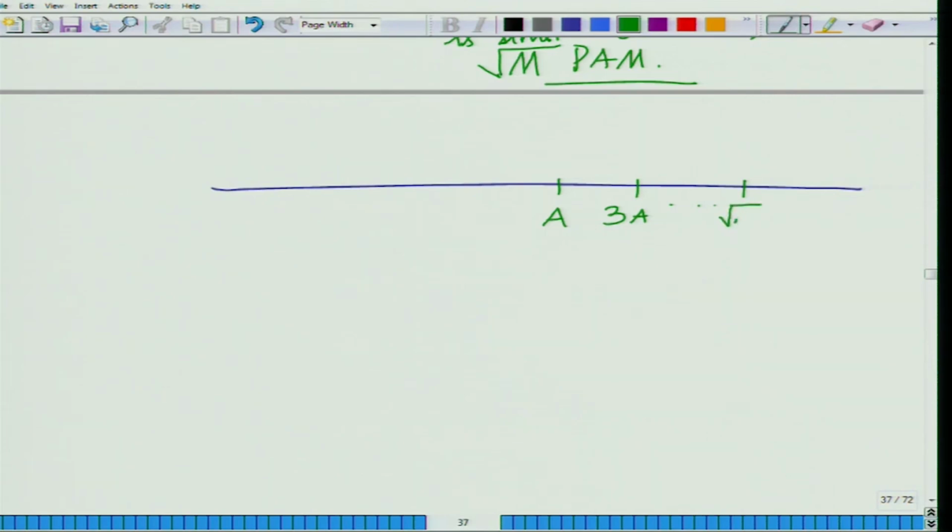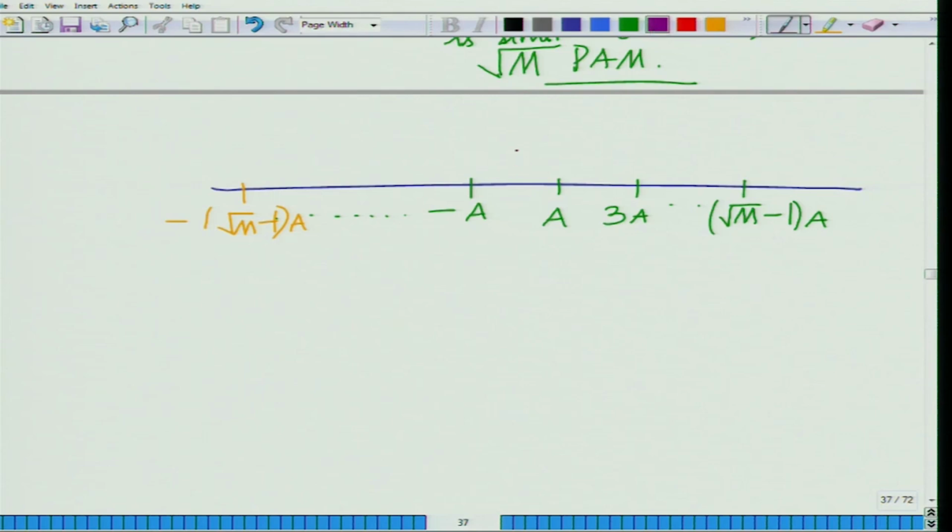So, this will be square root M minus 1 times A, and on the other side, minus A and so on, down to minus square root M minus 1 times A, okay.